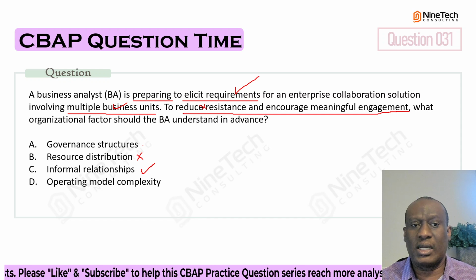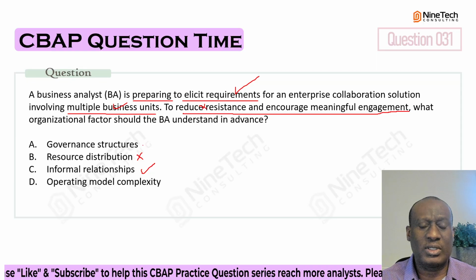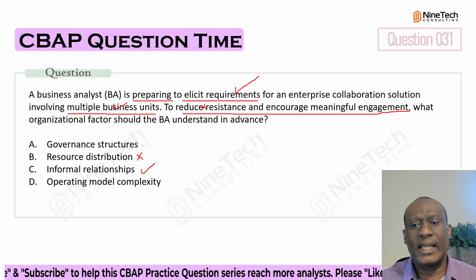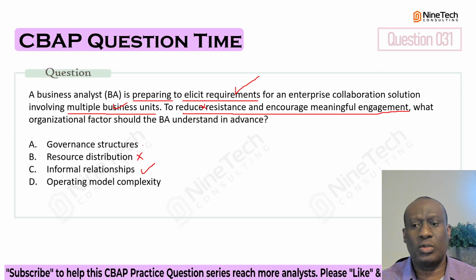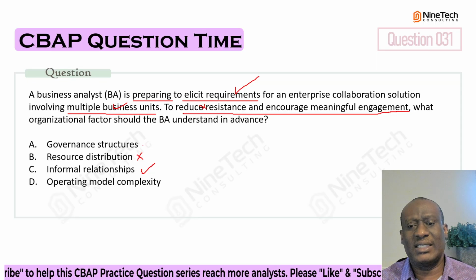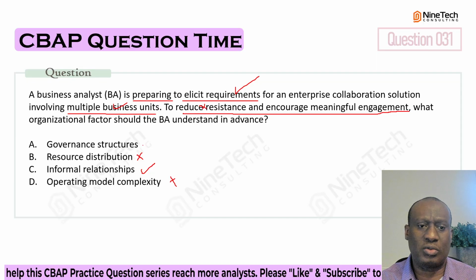So I would say this is a very good option. Let's look at the last option, D, operating model complexity. Not really. I would not really go towards that operating model because that affects the design, not necessarily stakeholder dynamics. So I would say no to that.